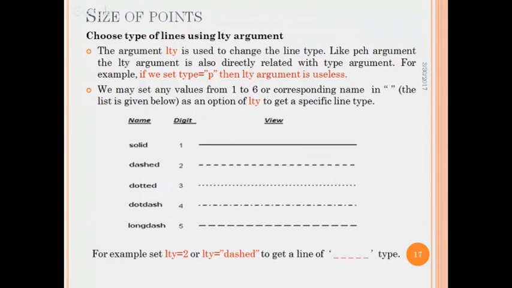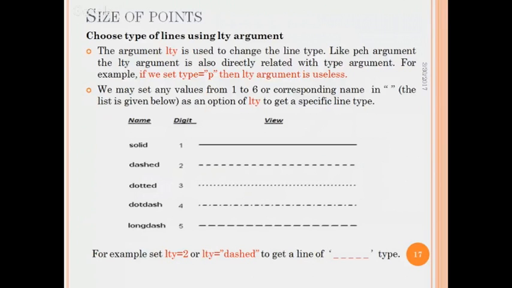Next comes LTY, line type. In your graph, the important thing is by which symbol you are displaying your points and how those points are connected in your graph. Earlier it was a solid line. For a solid line, you will have to use the argument LTY equals to 1, and 1 is the default, solid line.